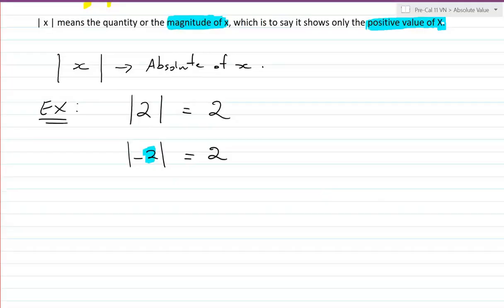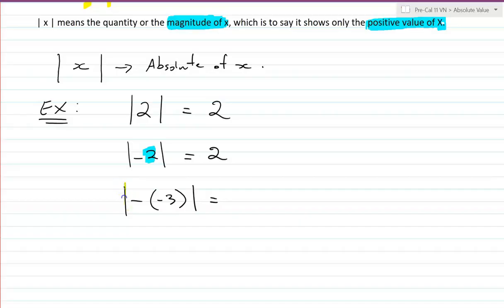So let me give you another example. Suppose I give you this number, minus negative 3 in the bracket, an absolute value of that. Well, we're following BEDMAS. So first deal with the bracket, and in this case you have to use the absolute value sign, the notation, as the bracket.